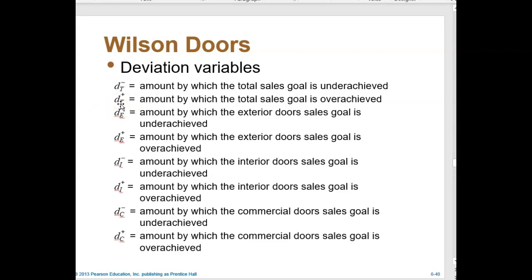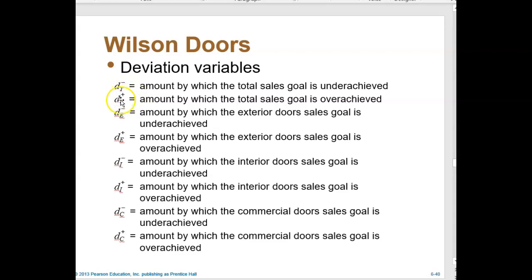Sometimes we may even create a single deviation variable depending on the situation, but normally we do create 2 deviation variables. And this is specific to the first goal. And we can denote that by this capital T here, which refers to total sales. So we know that dt negative and dt positive are the deviation variables associated with our first goal.